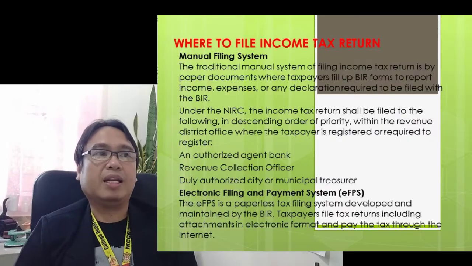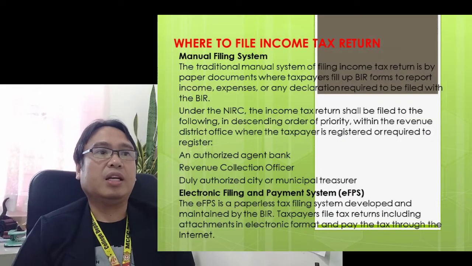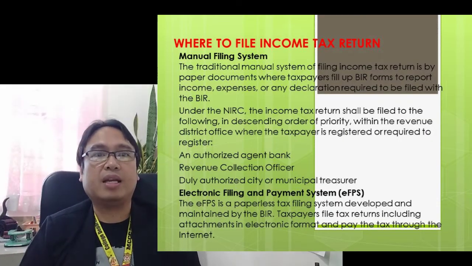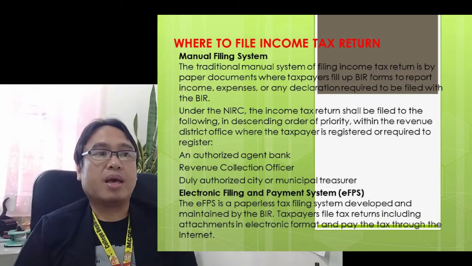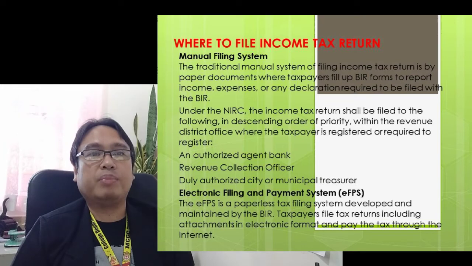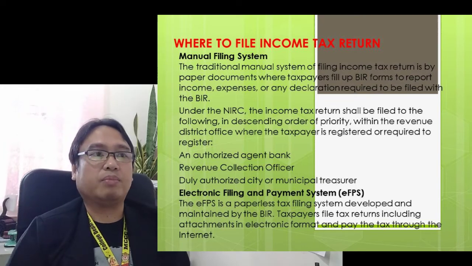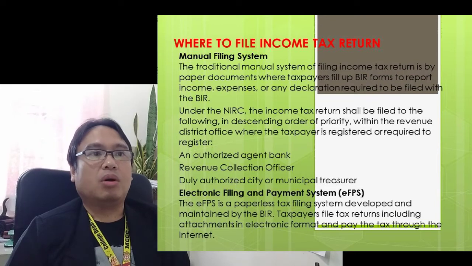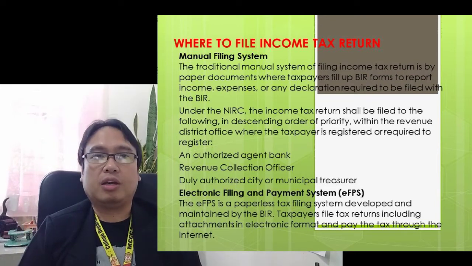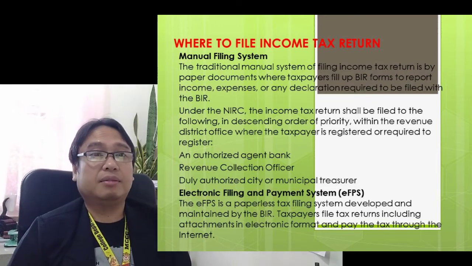Where to file income tax return? Manual filing of income tax return. The traditional manual system of filing income tax return is by paper documents where the taxpayer fills up the BIR forms to report income, expenses, or any declaration required to be filed with the BIR.